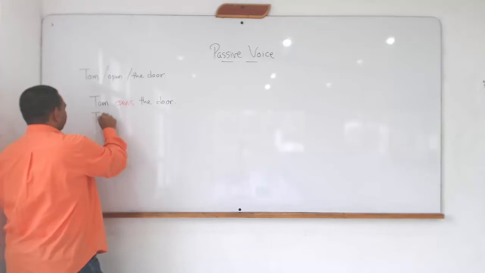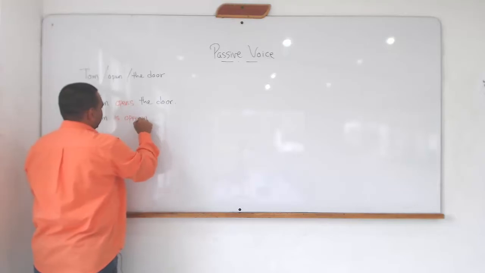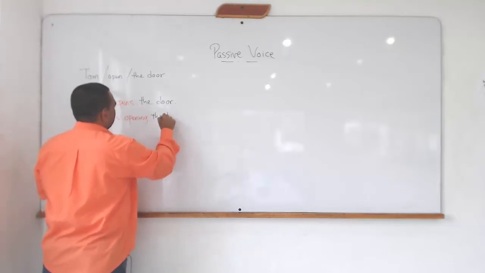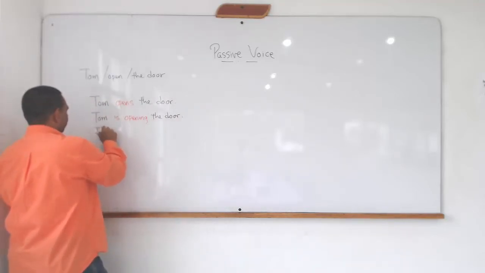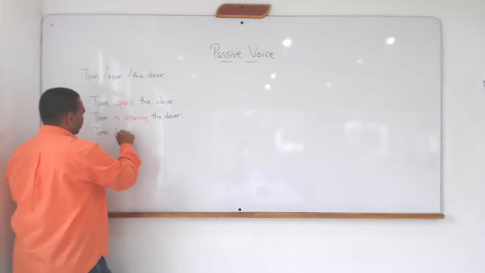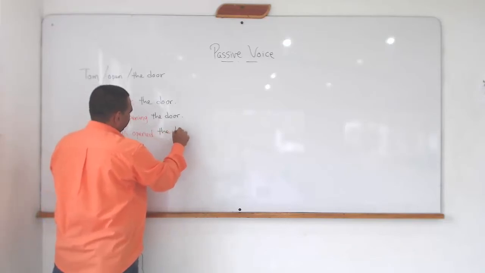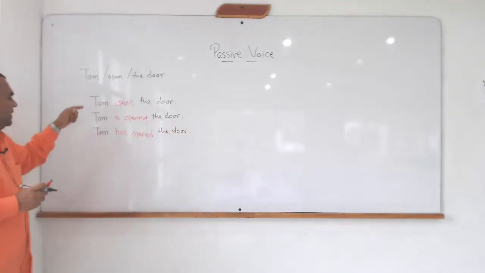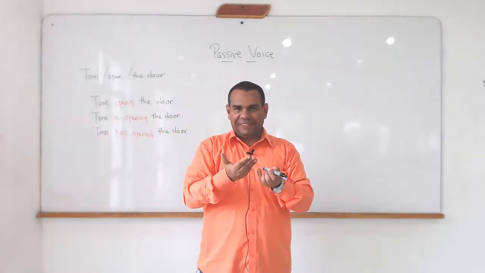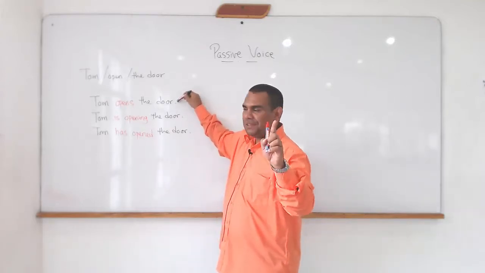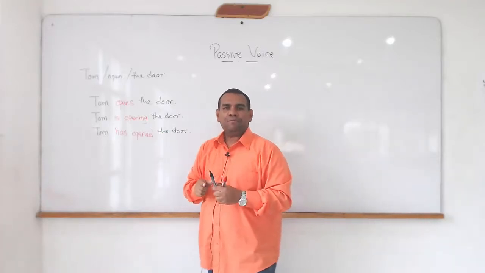Now, Tom is opening the door. Tom has opened the door. And here we can identify three tenses corresponding to the present: present simple or simple present, present continuous, and present perfect.